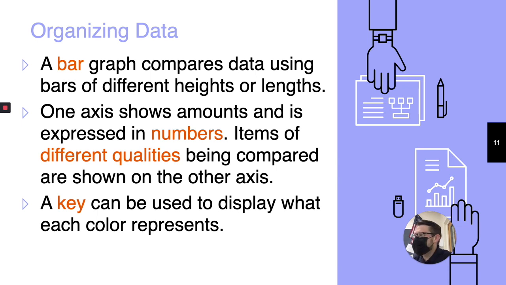And the numbers being expressed here are going to show different quantities that are not specifically related to each other. So each bar is an independent set of data. So what we represent in one bar doesn't necessarily have to be connected to what is represented in the next bar.